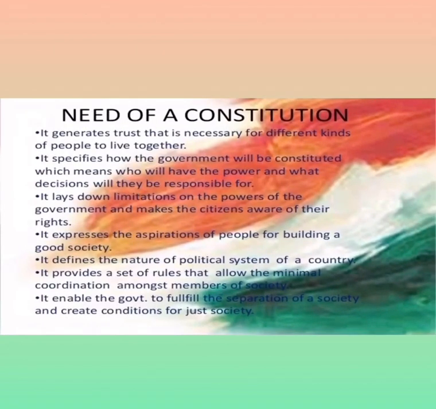In our next slide, why do we need a constitution? We need a constitution because we need a government to protect our natural rights of life, liberty and property. The constitution is the fundamental law written by which the government must operate.